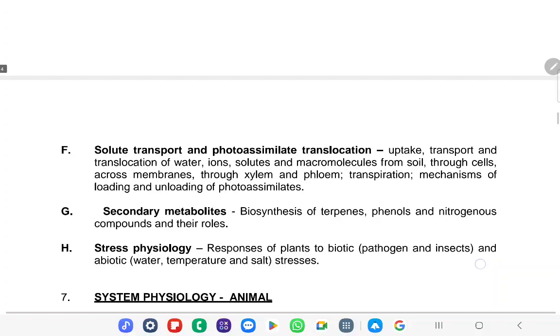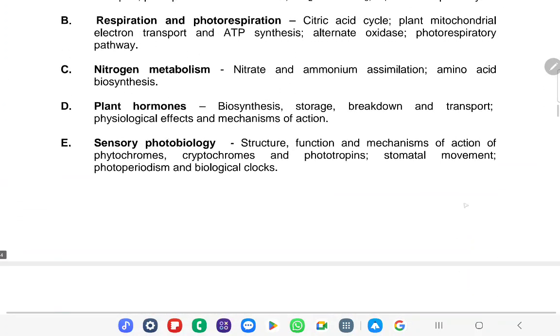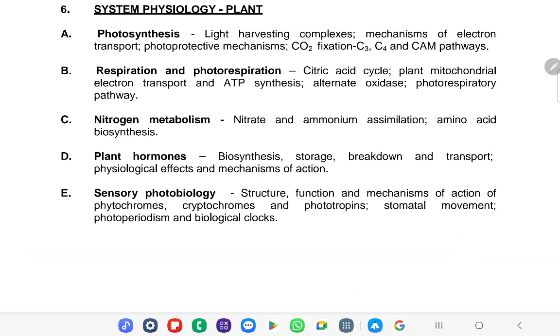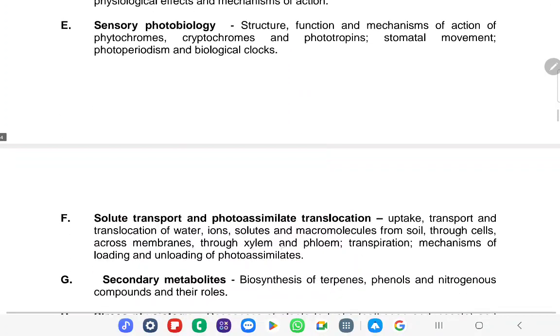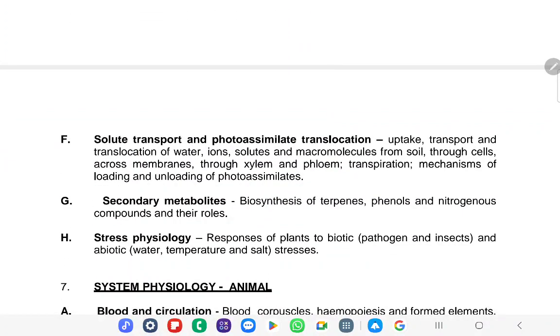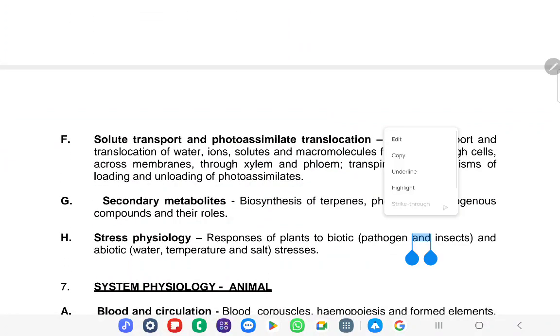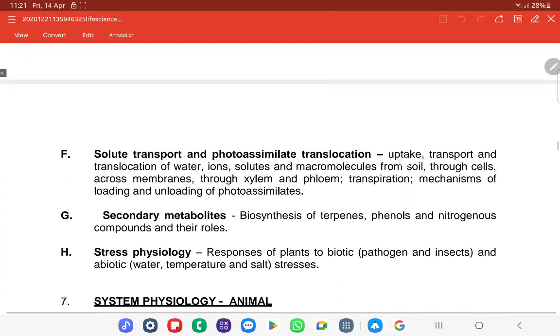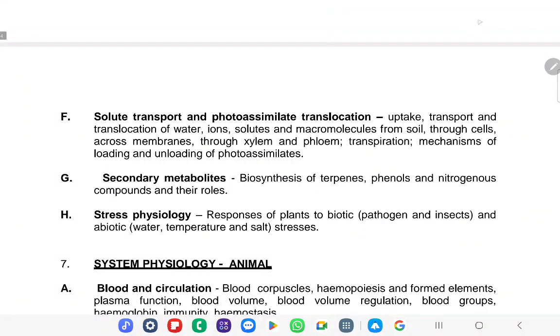So this is a little big subunit: 1, 2, 3, 4, 5, 6, 7, 8 subunits are there. So the sixth unit consists of 8 subunits.